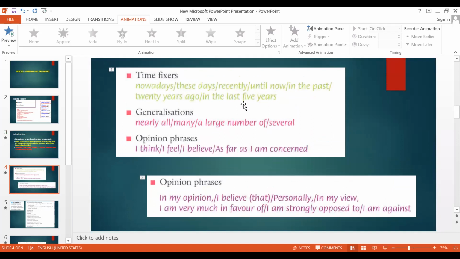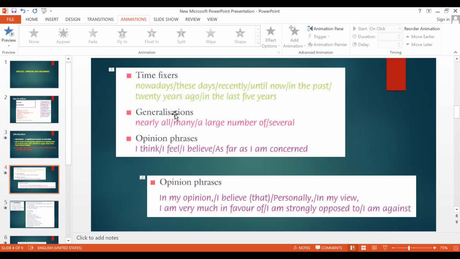Time fixers like nowadays, these days, recently, until now, in the past 20 years, and in the last 5 years. Yes, exactly. This is a list of time references or time words that you can use. Why do we use the time fixers? To show that the issue under discussion is recent and not outdated or old-fashioned.